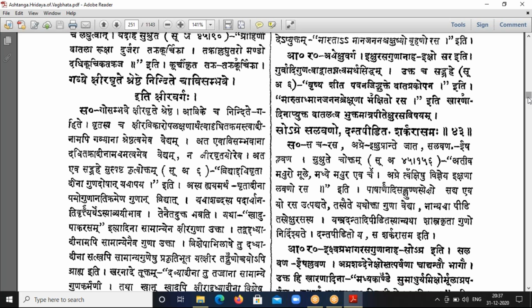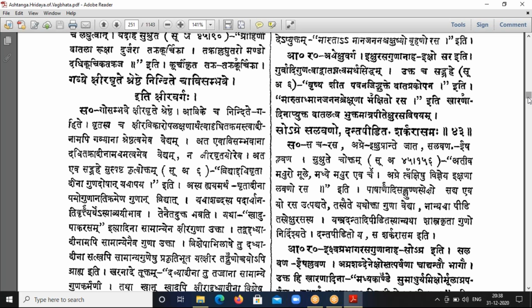Adiva madhuro mule madhye madhura evacha, agre ikshishu cha vitneyah ikshunam lavano rasaha.